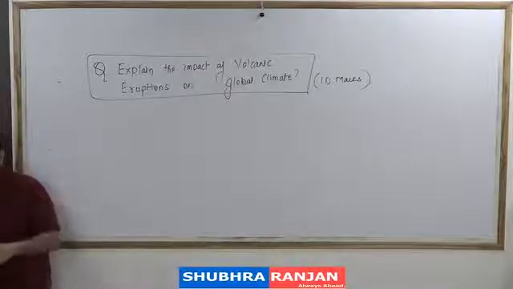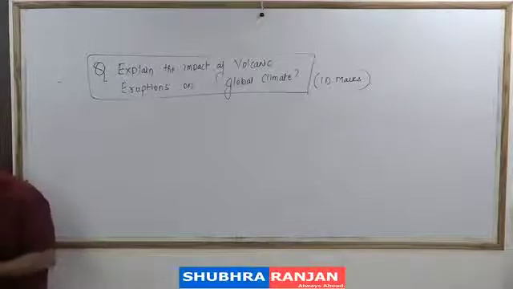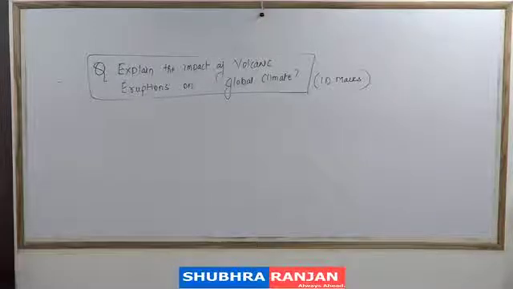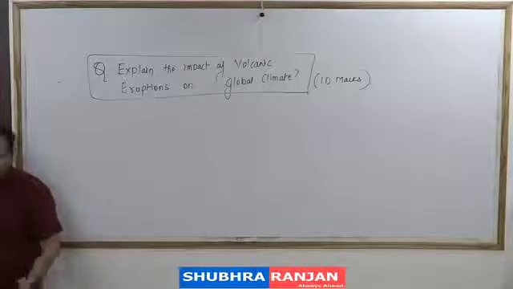Then we'll discuss what this answer should be. So your time starts now. I am giving 10 minutes, actually you will get 7 minutes, but I am giving you 10 minutes.